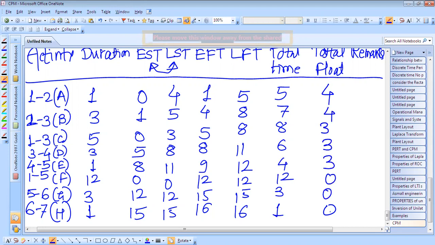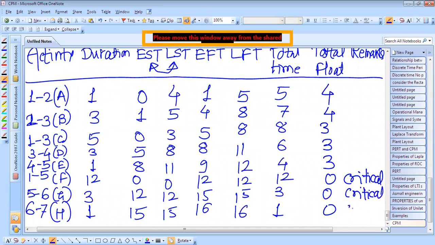Therefore, the critical activities are those having 0 float. So this is a critical activity. This is also a critical activity. And this is also a critical activity. So the critical activities with 0 float are marked on the diagram.